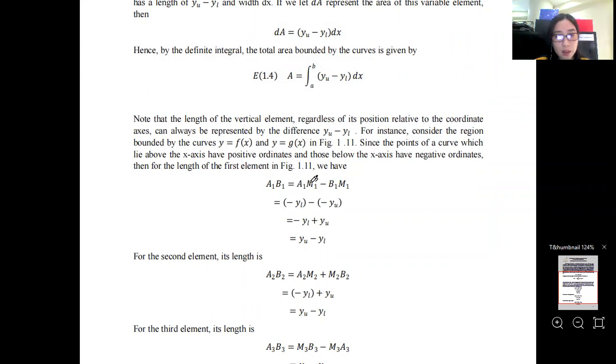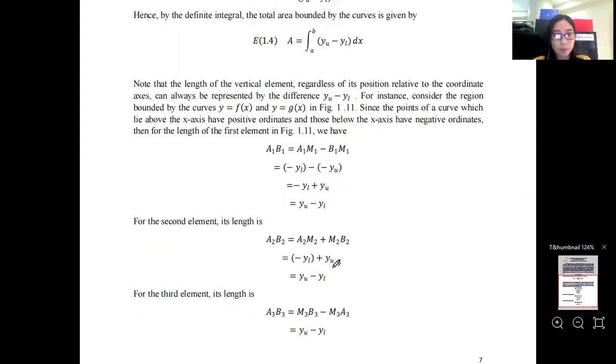So A sub 1 times M sub 1 is equal to negative Y sub L, minus B sub 1 times M sub 1, which is negative Y sub U. Therefore, we have negative Y sub L plus positive Y sub U, which is equal to Y sub U minus Y sub L.